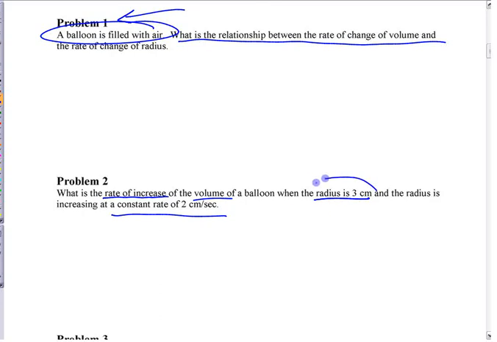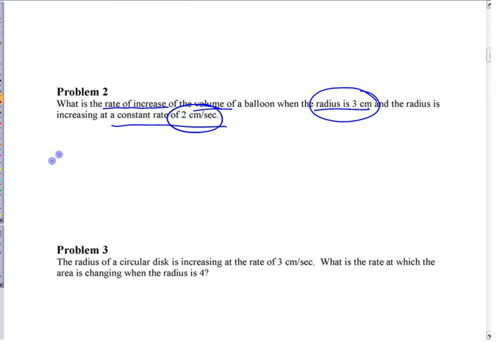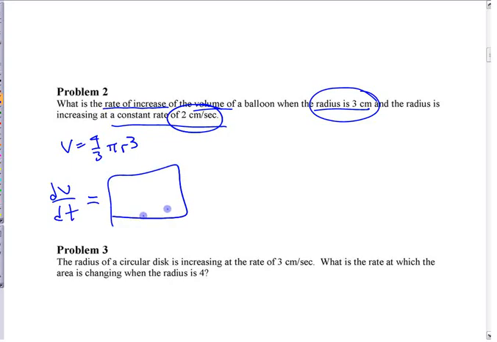You've got to have two quantities given here for this. You've got to know the rate of change of radius and the radius itself. Either take a pre-made formula for the volume of a balloon, right? Whatever it was, 4/3 pi r cubed. Generate the formula for the rate of change. So you'll have the rate of change of volume is some stuff times the rate of change of what's going to be on the other side.